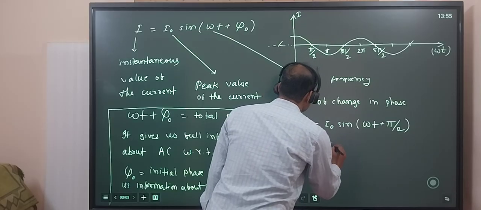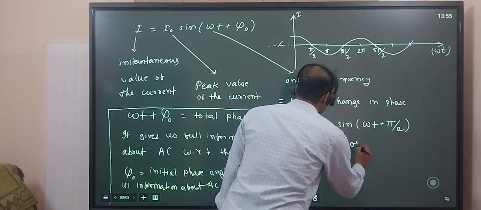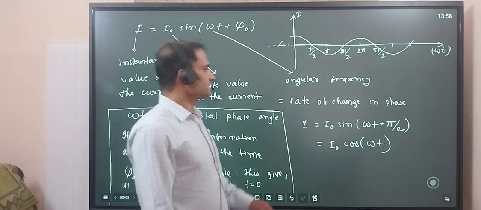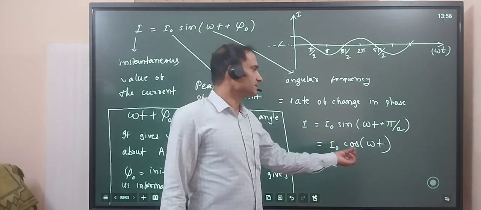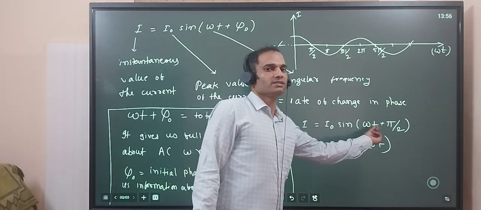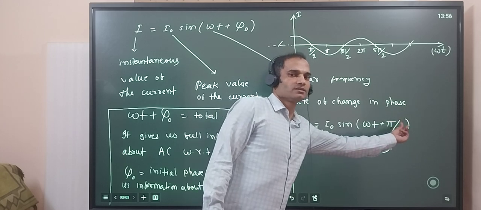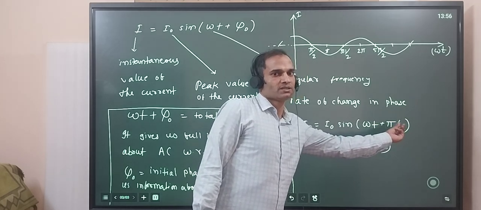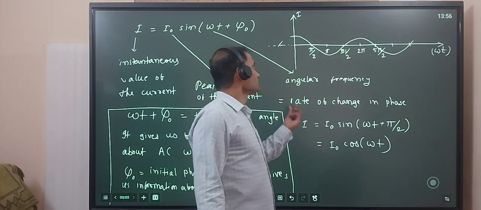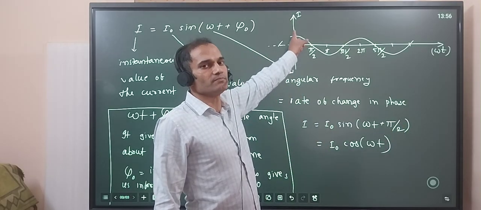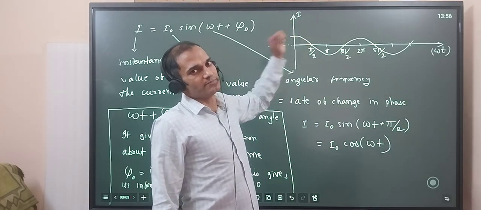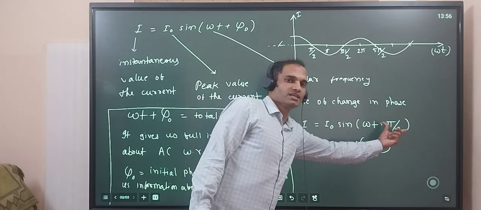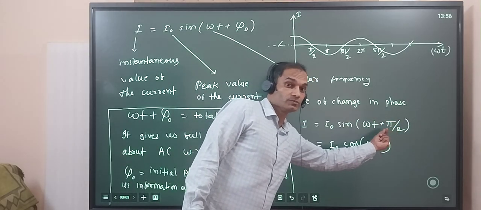You can clearly see that it is a cosine, right? So at time t is equal to 0, omega t is 0, but this initial phase angle is pi by 2. And because of this, you will get maximum value of the current at time t is equal to 0. So total phase angle initially is pi by 2.